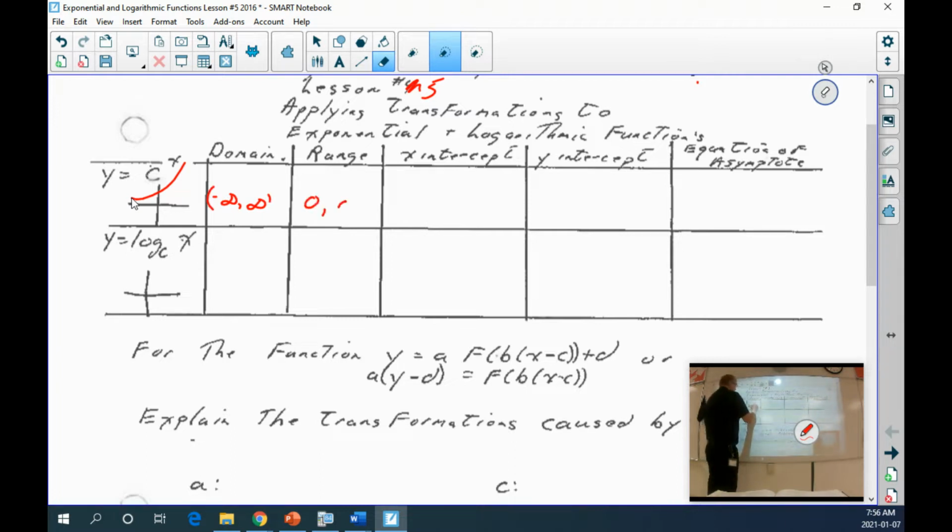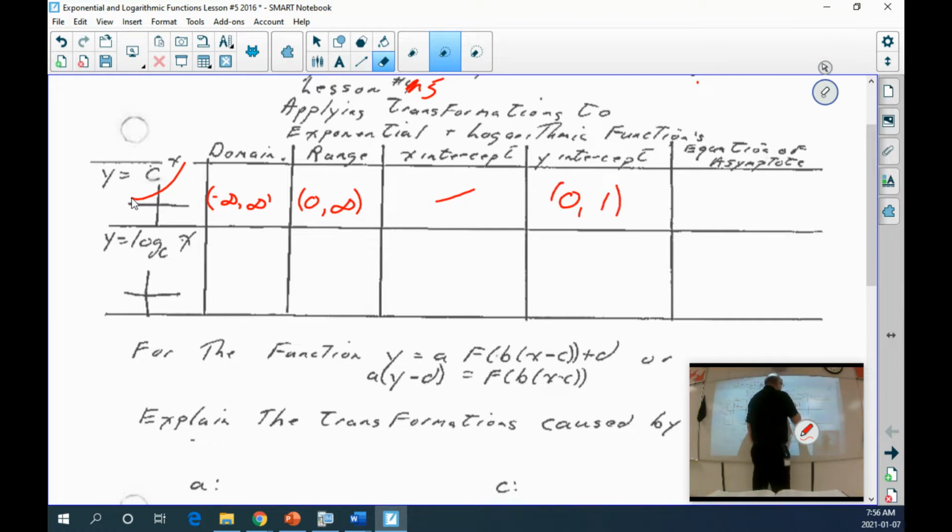Our range is 0 to infinity exclusive. There is no x-intercept. The y-intercept occurs at (0, 1). And we have a horizontal asymptote at y equals 0, or the x-axis.